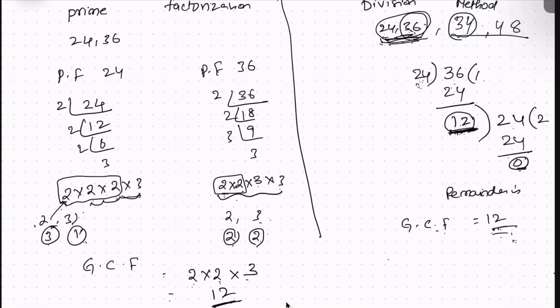We discussed the division method. You can use the division method when you need to find the GCF for two or three numbers; that's easier to follow. And when you are given a set of six or seven, more than three numbers, the division method may not be friendly, so you have to use the prime factorization method.